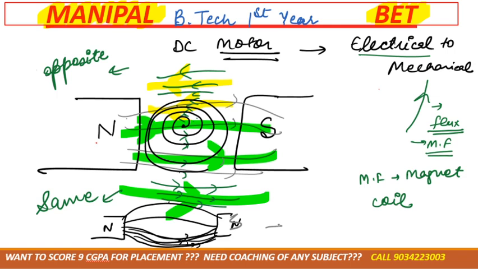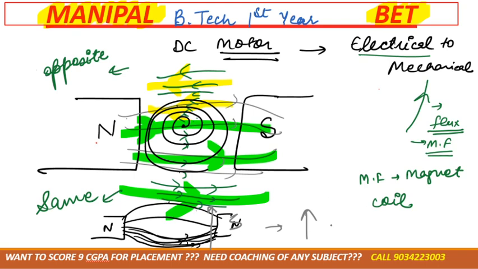Now there is a property of magnetic field lines. So the coil tries to move to the upward side, because at the top the magnetic field lines are fewer. That's why it tries to move towards the upward side.